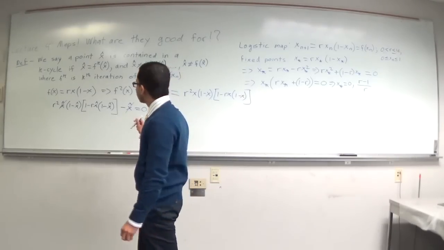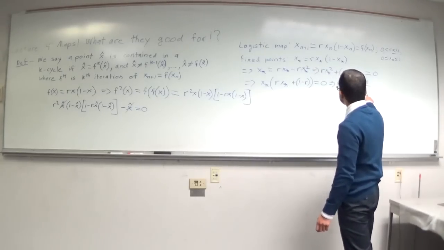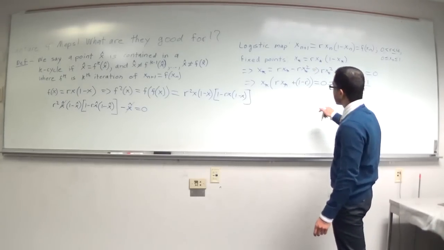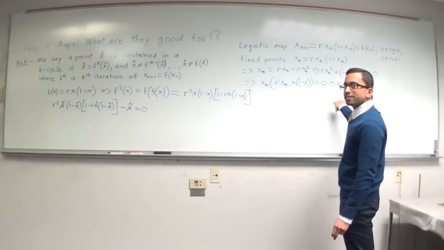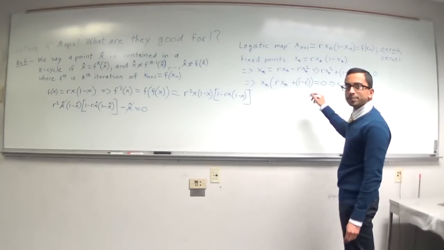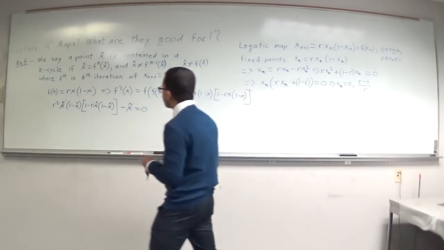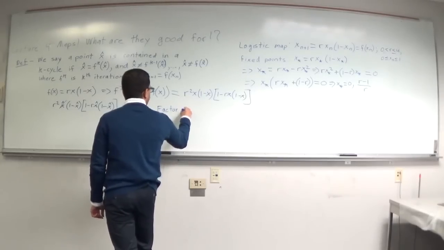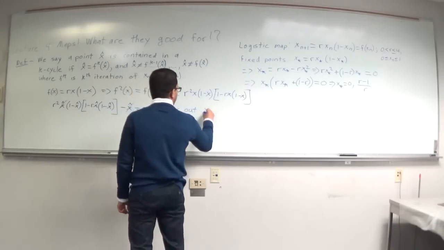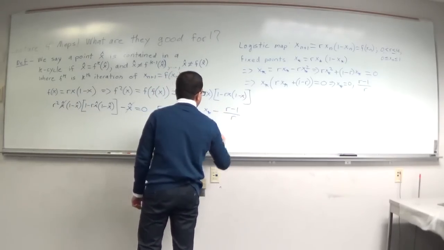To get rid of x star equals r minus 1 over r, we have to factor out x star minus r minus 1 over r, right? So it's basically all the factors. So we have to factor that out.